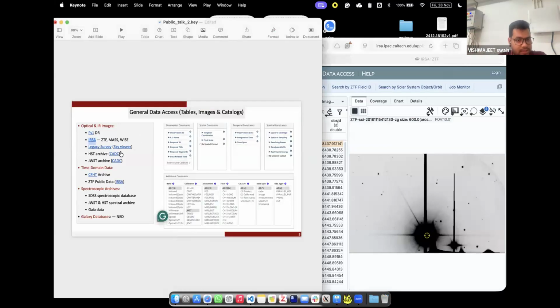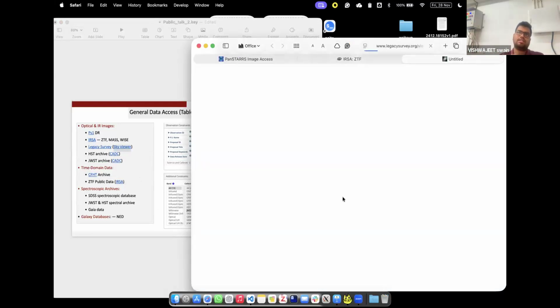So yes, let's go again. There is the Legacy Survey, which you can say is version 2 of the SDSS. SDSS is a little bit shallower, but the Legacy Survey tried to make a complete northern or southern sky with deeper images. So their limiting magnitude is quite high.